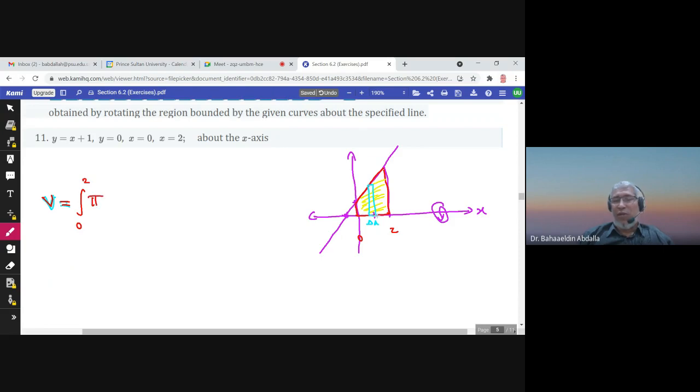It's the distance from the axis of rotation up to the curve. What is the curve? It should be written in terms of x. So x plus 1 is the radius, because this line is y equals x plus 1, to the power 2, because pi times radius square dx, and this will give you the volume of this region.